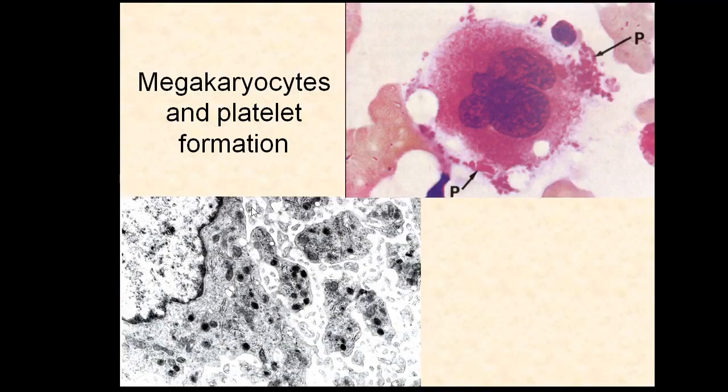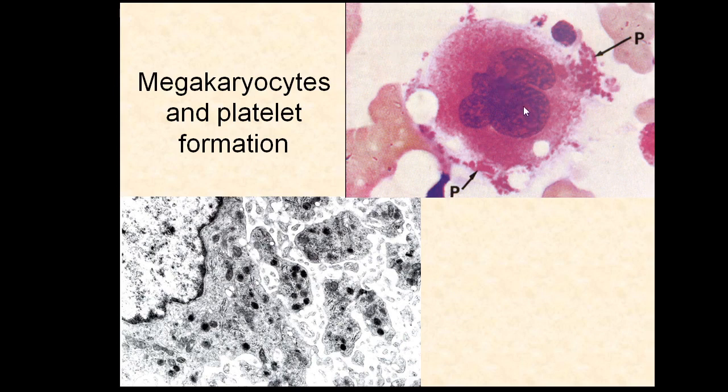Now you see the large cell, the megakaryocyte, with its nucleus and cytoplasm. You can see the demarcation line and platelets separating from this cell. In the peripheral blood, these platelets are very small and consist of hyalomere, this is cytoplasm, and granules, granulomere.